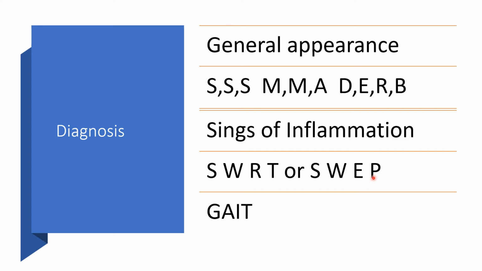I decided to bring it out these two ways because some will be familiar with one, another will be familiar with the other. And gait, we want to know, untidy gait or not, whether the person is walking with pain or not. So that will give us a clue. Okay.